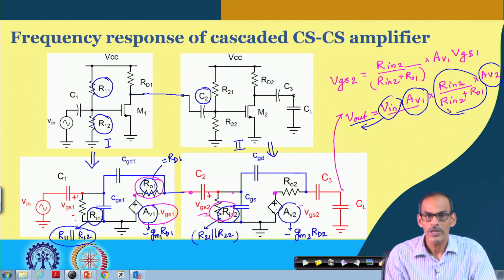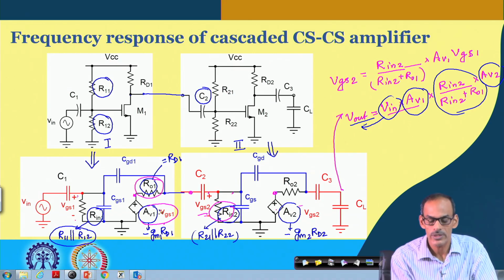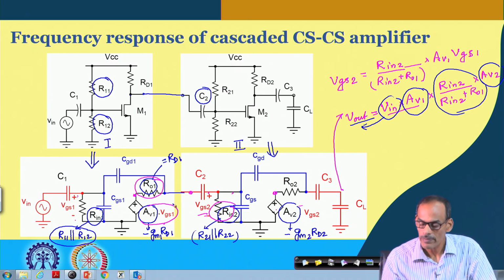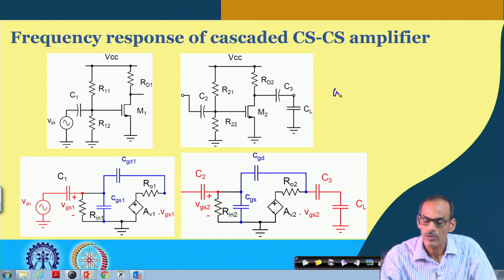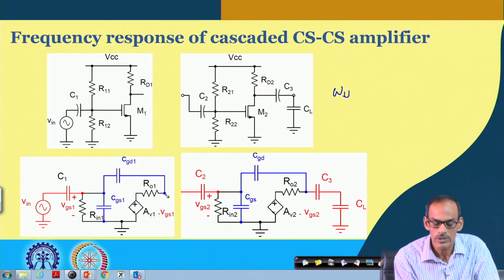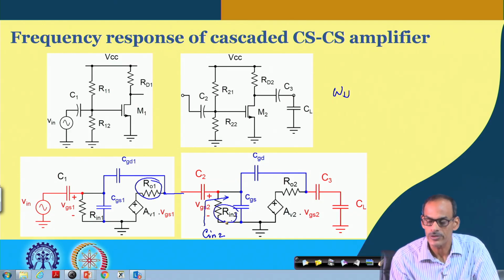And similar to the CE amplifier, here also the upper cutoff frequency gets modified. The new candidate for the upper cutoff frequency, if I call it omega u, comes from the input capacitance Cin2 and whatever impedance we have at this node, namely RO1 and Rin2.